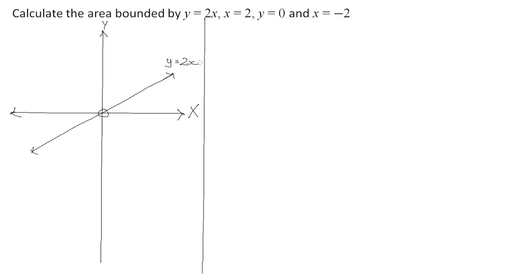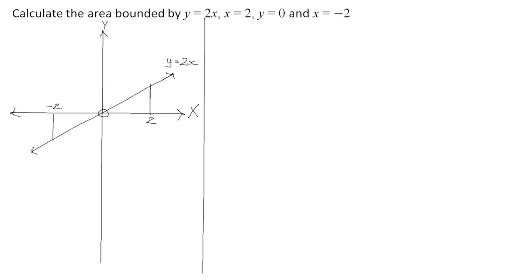That's the graph. Now it states x is 2, obviously. X is 2. More or less the same size, and then x is minus 2. And that is the graph. Y is equal to 2x between x is 2 and x is minus 2.